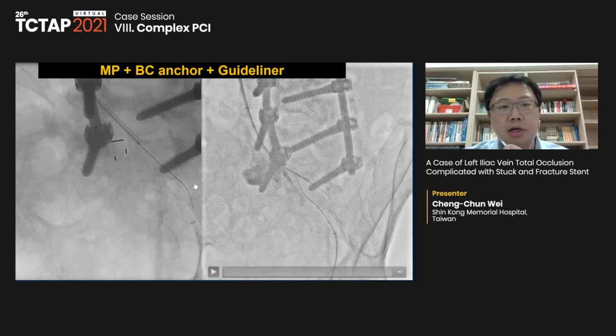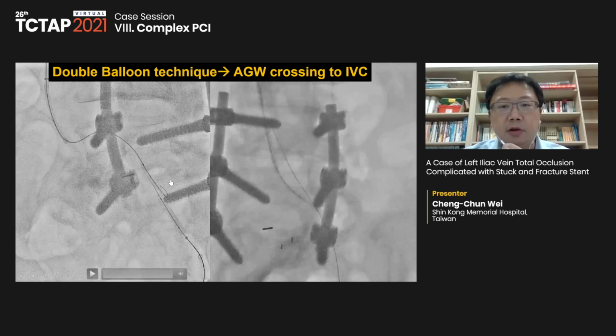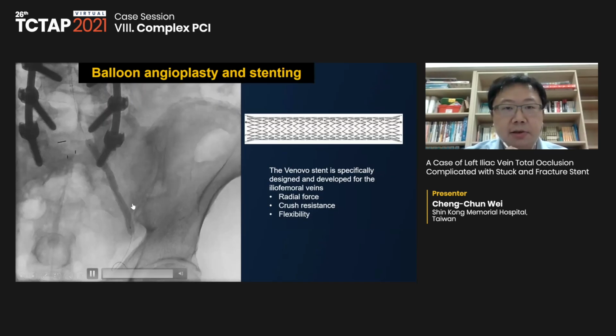I tried the CART technique and a double balloon technique, and finally the wire successfully crossed the total occlusion and went into the IVC. After the wire was externalized, I performed balloon angioplasty and tried to deploy a self-expandable stent. This stent was characterized by high radial force, high crush resistance, and high flexibility.